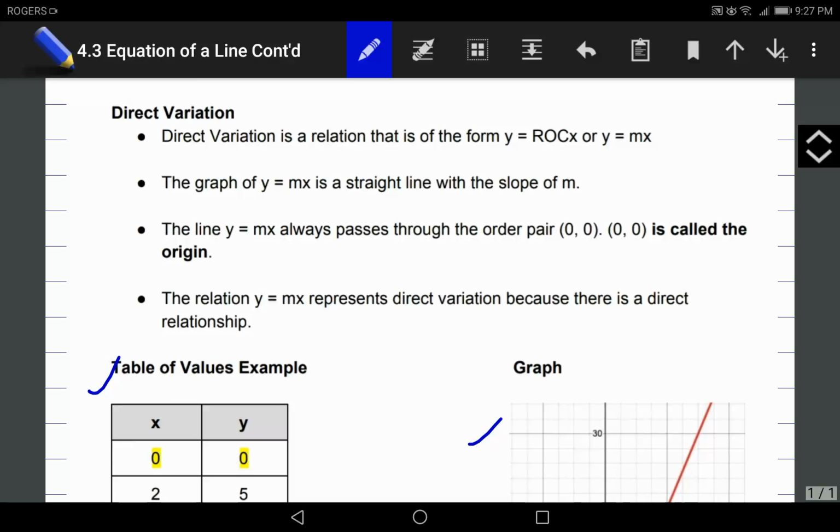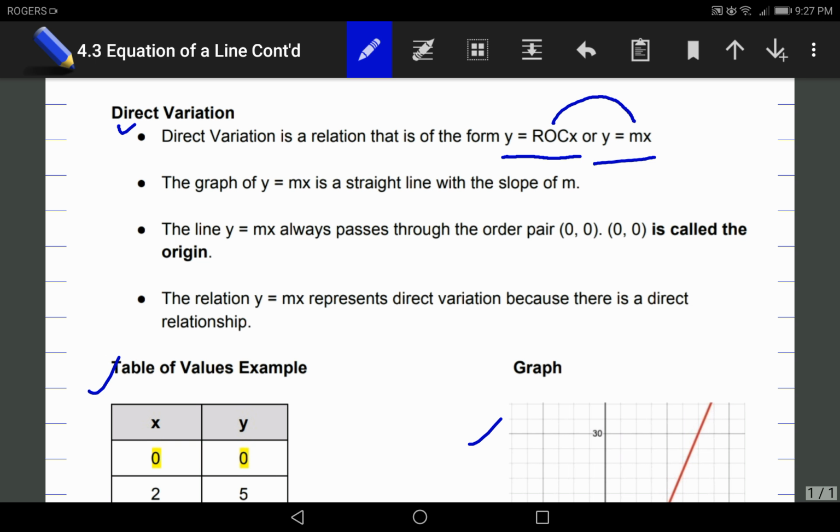So direct variation is a relation, a linear relation that is in the form that we are aware of now, y equals rate of change times x, or y equals m times x. All right? Now, remember I said that the m is the same thing as rate of change.